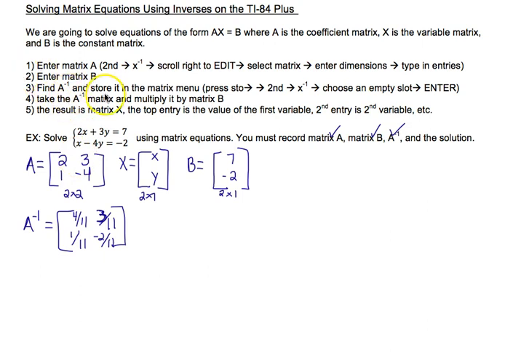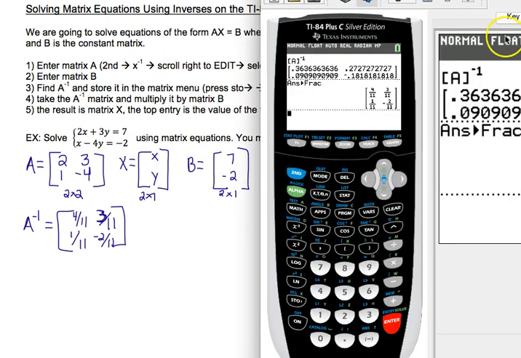Now it says I need to store it in the matrix menu. When I do this, I'm going to press store because A inverse is my last thing. You could actually type in A inverse store, but since it's the last thing that's entered, it's quicker to just press this key.